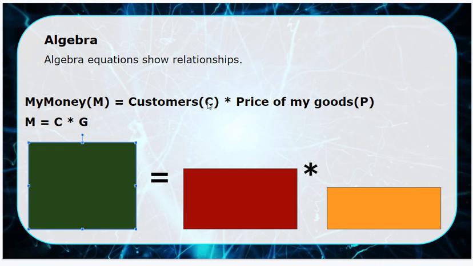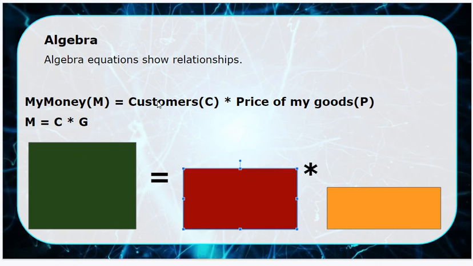Let's say I have a business, a restaurant, maybe a hot dog cart on the street, okay? What affects my money if I have a hot dog cart? Well, the more customers I get, that's going to have an effect on my money, right? And the price that I charge for a hot dog, that's going to affect my money.